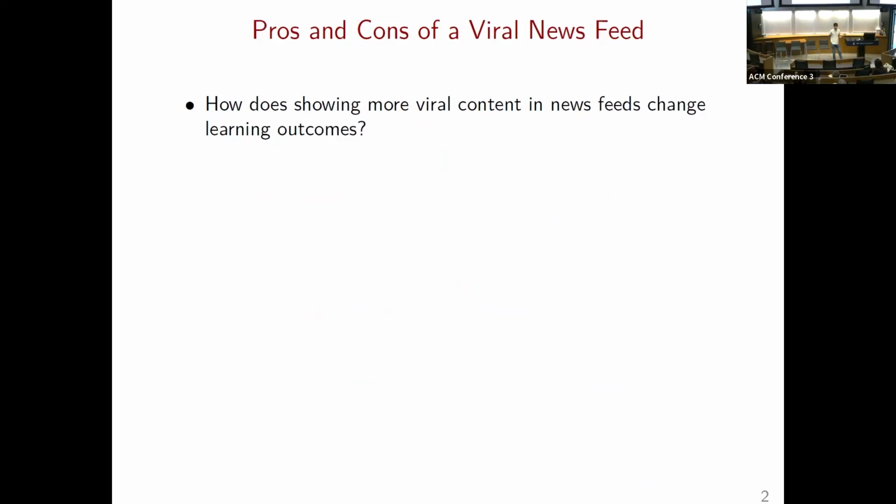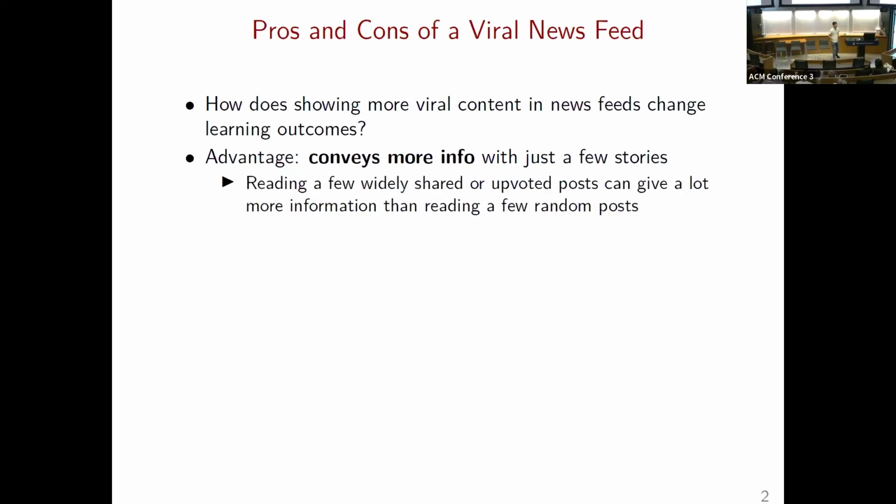So the big question is, how does showing more viral content in news feeds change learning outcomes? It turns out that in some ways it can be helpful. If I'm showing people mostly viral content in their news feeds, then just a few stories can convey a lot of information. As intuition for that, let's say that I go onto some community on a social media platform, like maybe Reddit, and look at the top few posts.